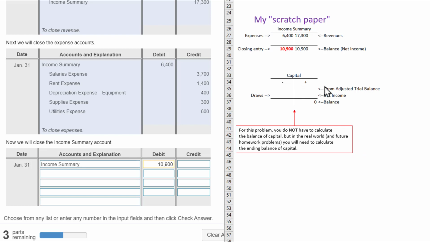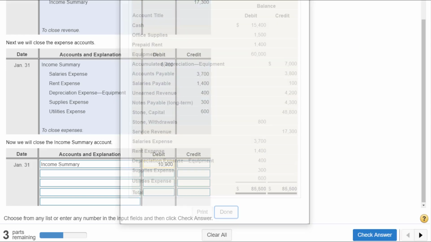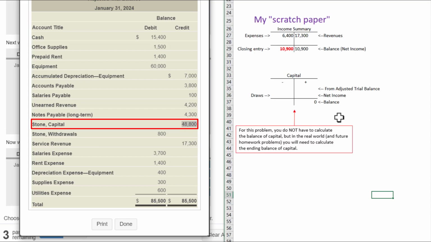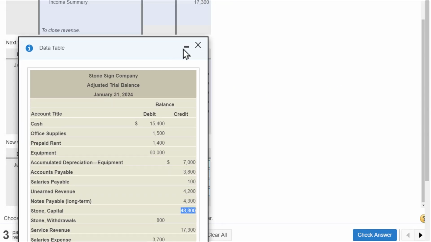So we need the beginning balance, or the balance of capital before we did the closing. So I'm going to go down here and find capital. So here's capital. Notice it has a 48,800 balance on the credit side. So in this cell that says from adjusted trial balance, I'm going to put 48,800. All right. So now I can close my window here.